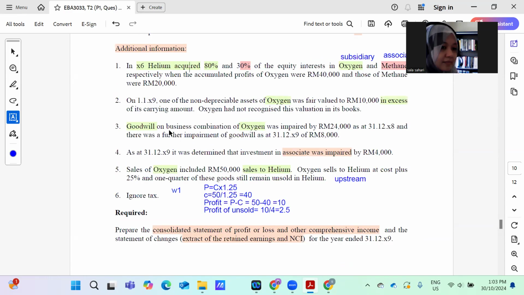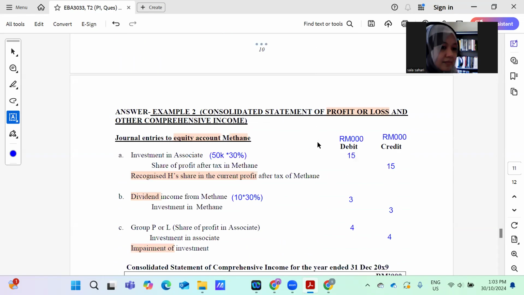They say that goodwill on business combination of oxygen was impaired 24,000. This is in year 8. And there was further impairment of 8,000. So this one you need to charge the 8,000 for impairment year 9.